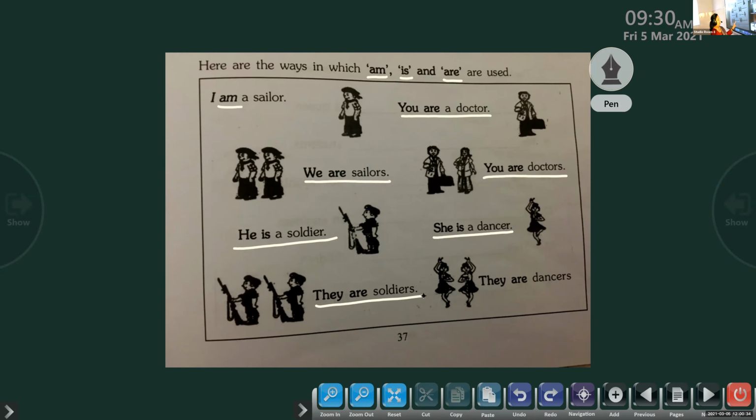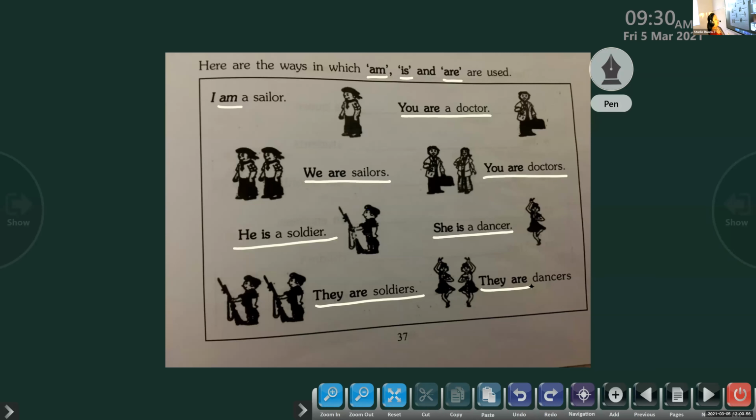Here also there are two dancers, so we will use the words they are dancers. So see, is is used when we speak or write about one person, and are is used when we speak or write about two or more people.